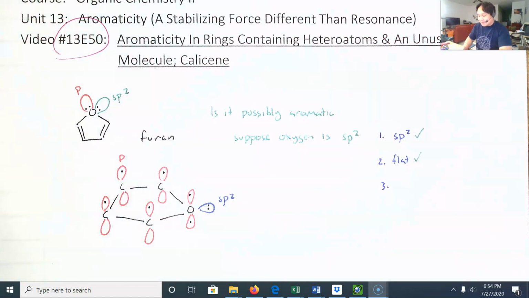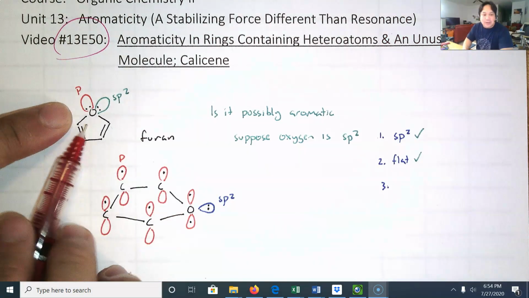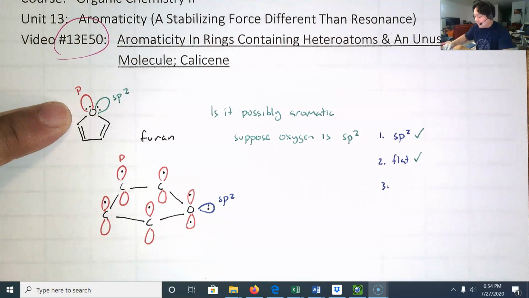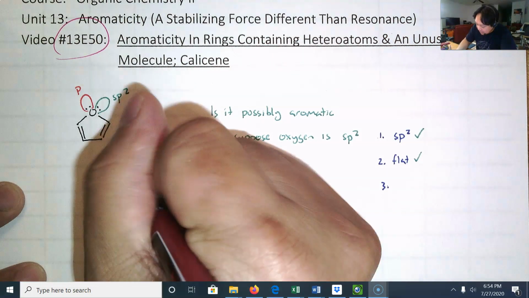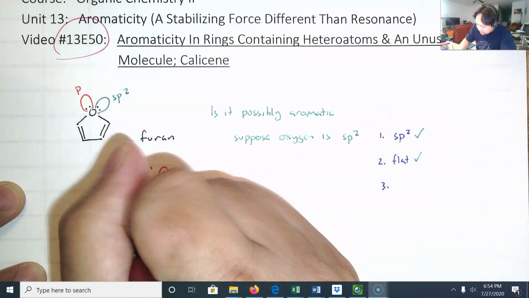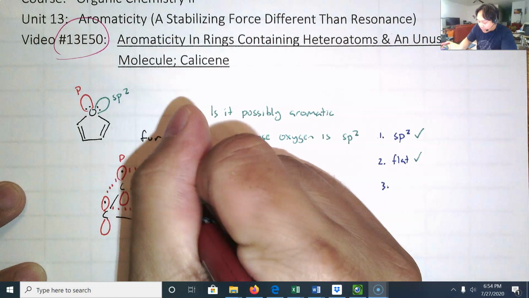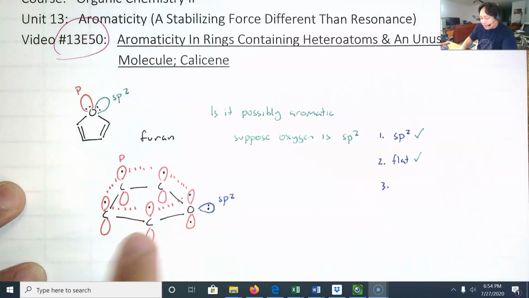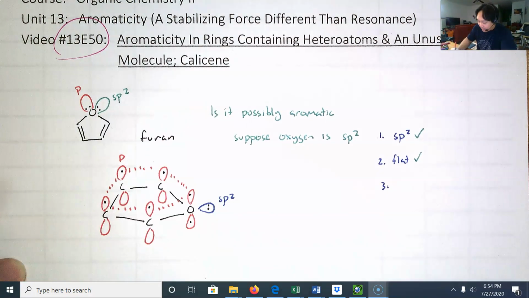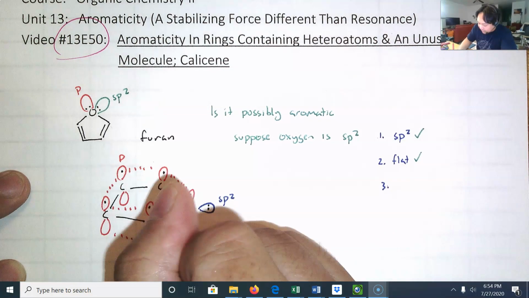I know a p orbital has 2 lobes, but I don't want to clutter up this drawing. What I do want to emphasize is that now those electrons, even the 2 electrons on the oxygen, and only 2 electrons on the oxygen, are being delocalized. Okay, and we have also overlap at the bottom.